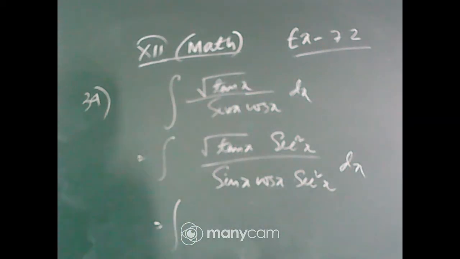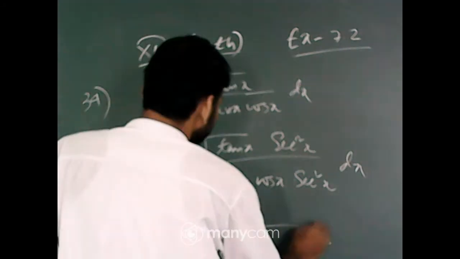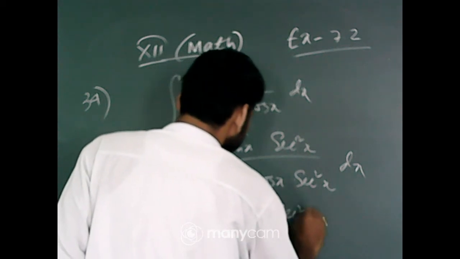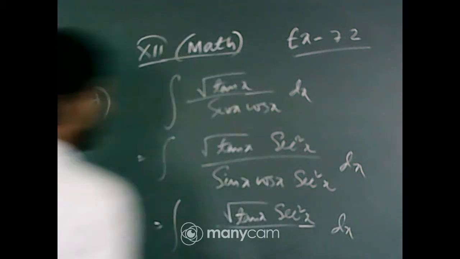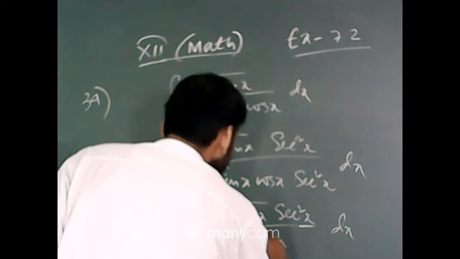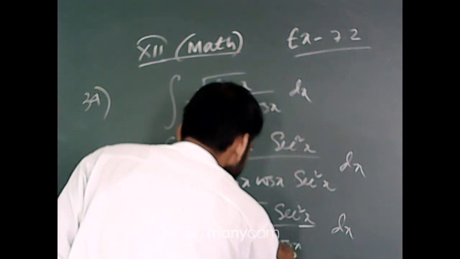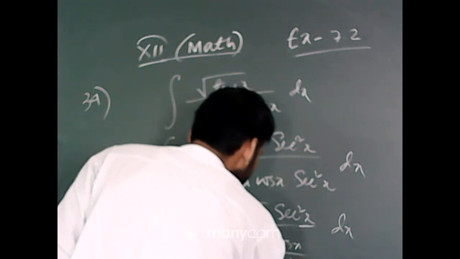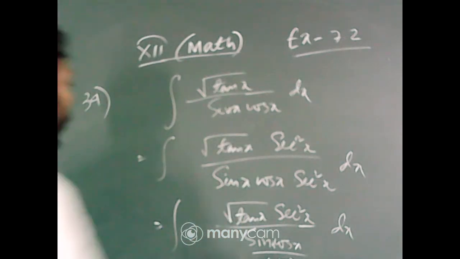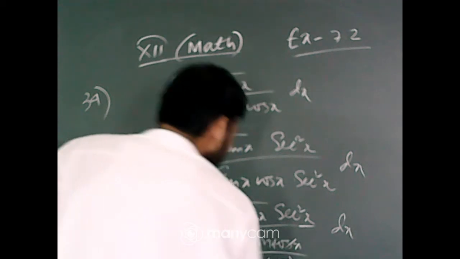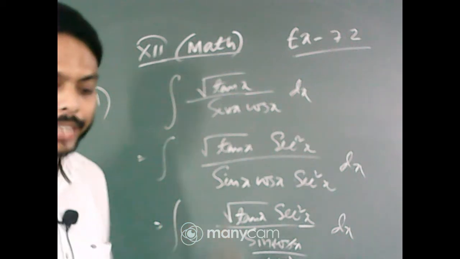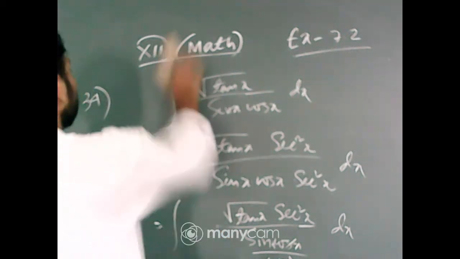The numerator will remain unchanged, and the denominator will be sin x into cos x into sec square x, that means sin x cos x by cos square x. You know that there is a reciprocal relation between sec and cos. So one cos will be cancelled out and one cos will be left. So sin x by cos x means tan x.